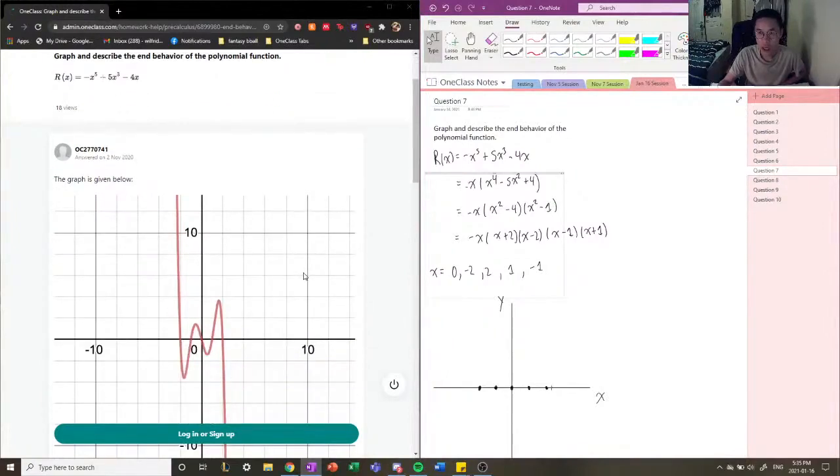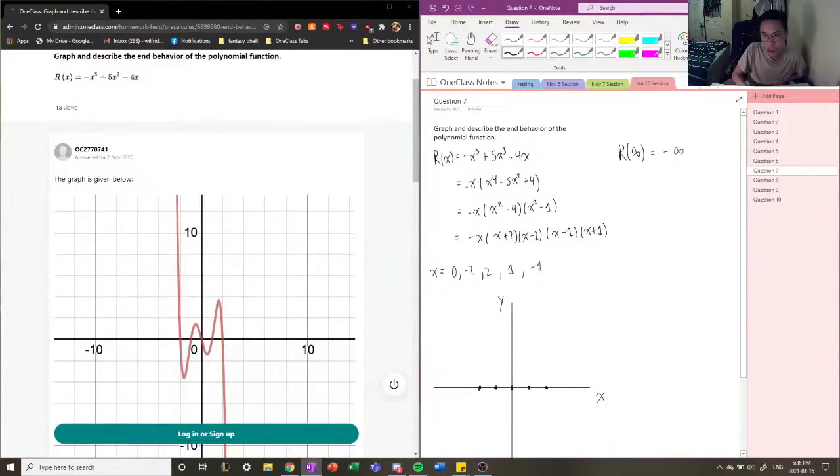When you're plugging in infinity, all you really need to do is examine the leading term, because the leading term is what defines the behavior of your function. So let's say, R of infinity. You can plug in a huge number if you want to actually compute the value, but I'm just going to say infinity for now.